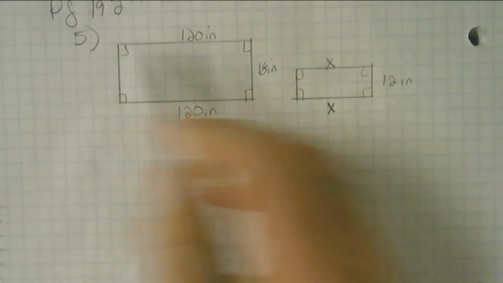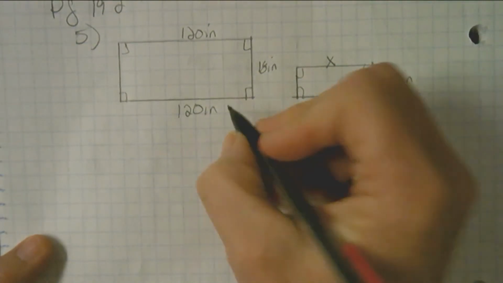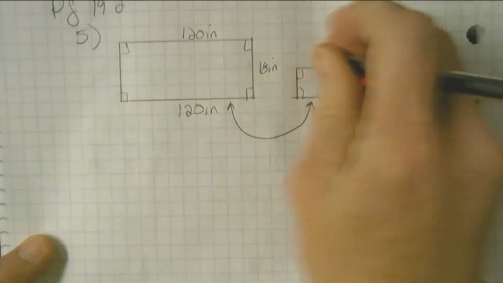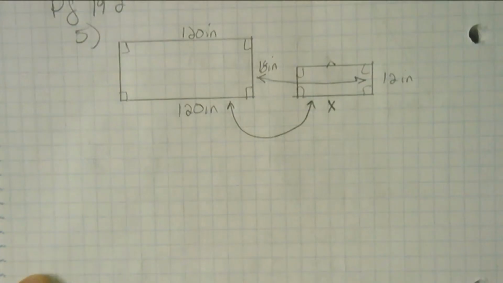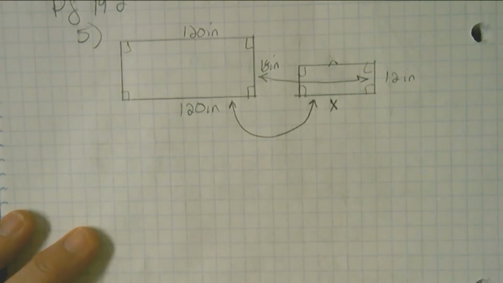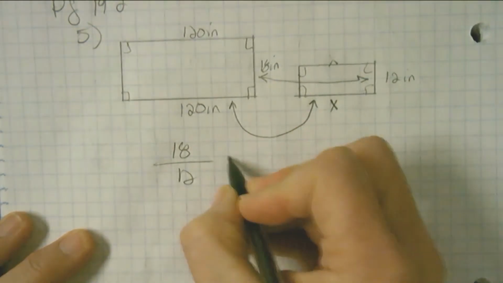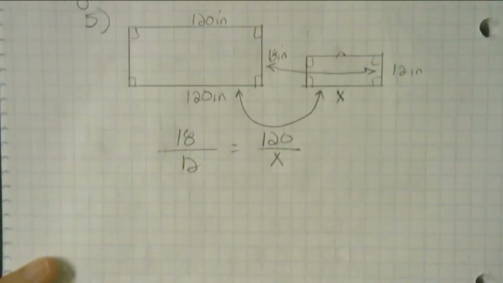Where the 120 inches is the top, the bottom is exactly the same. So here are our corresponding sides. I'm going to write my proportion: 18 over 12 is equal to 120 over x.